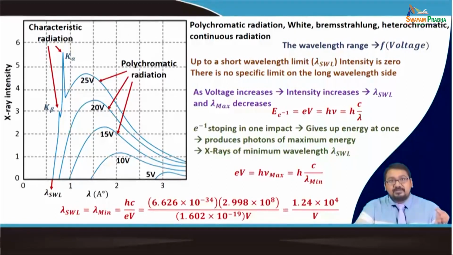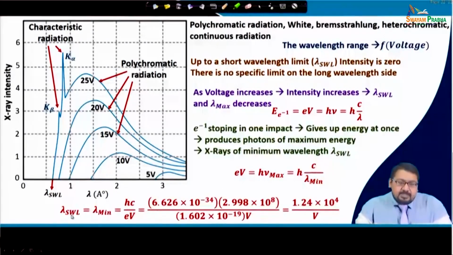So the electron charge times the voltage of the X-ray tube is equal to h times nu max. Therefore this means that the frequency will be maximum, and therefore hc by lambda will be minimum.